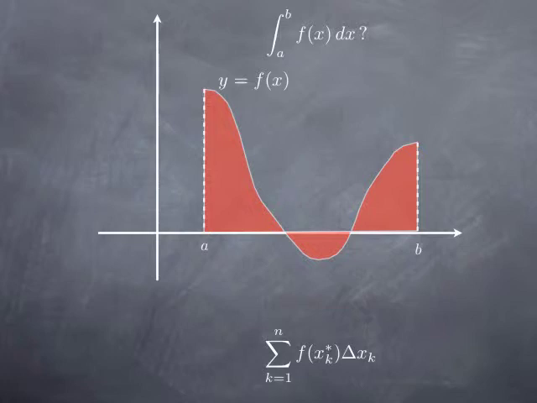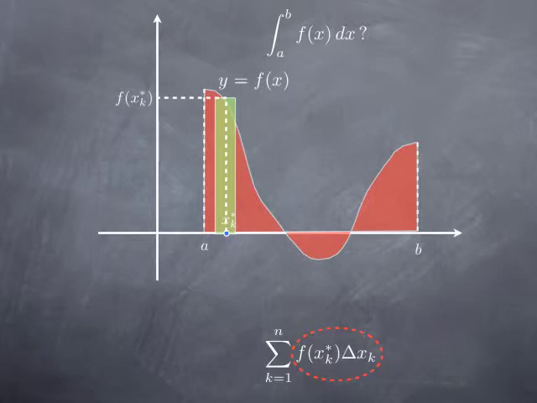And if I look at a particular subinterval that is, for instance, in this part, corresponding to a part of the graph of f where the function is positive, then you see that this term f of xk star, the value of the function at the sample point, times the width of the subinterval, corresponds to the area of this rectangle.